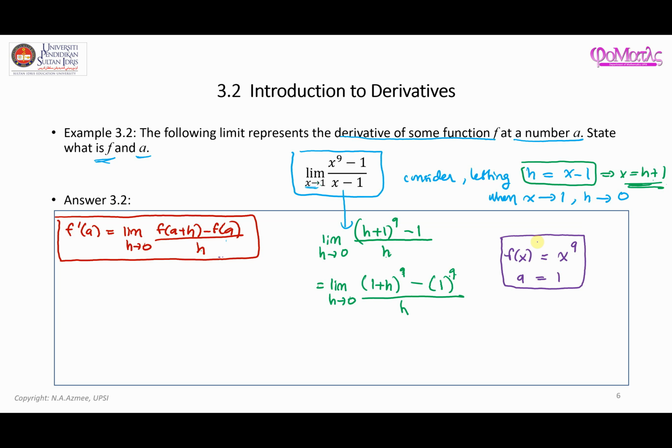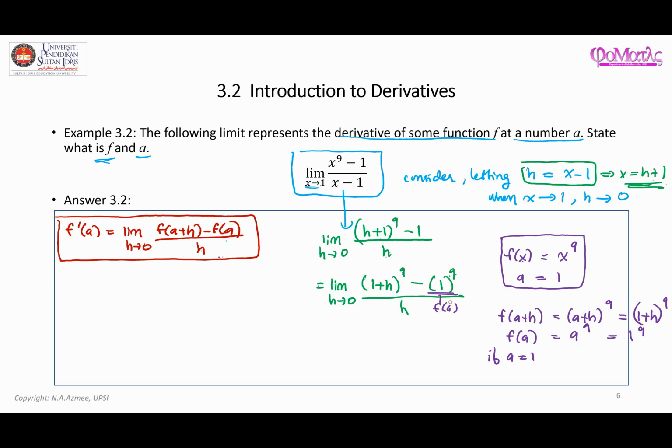If f(x) is equal to x to the power of 9, then f(a plus h) would be (a plus h) to the power of 9. f(a) would be a to the power of 9. And if a is equal to 1, then this one is (1 plus h) to the power of 9, and this one is 1 to the power of 9.